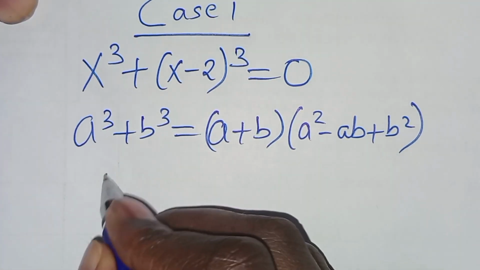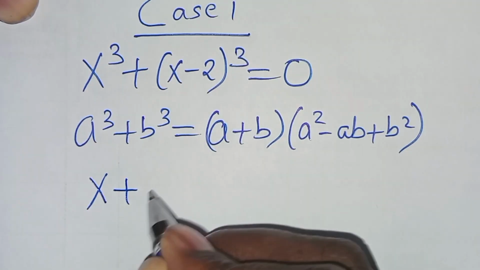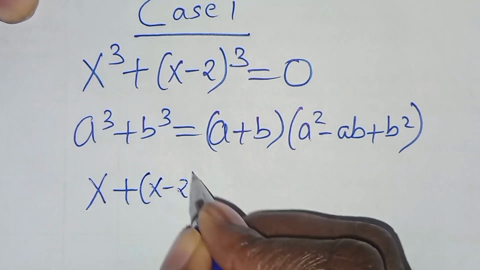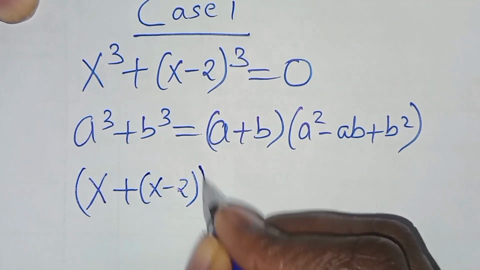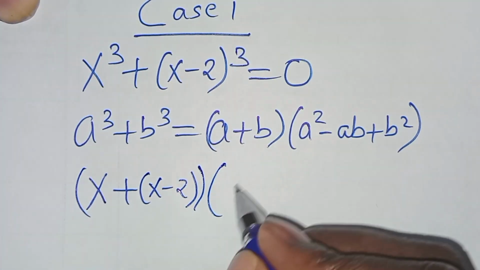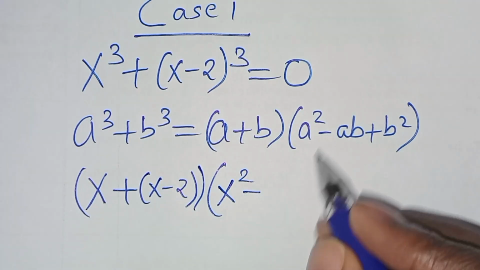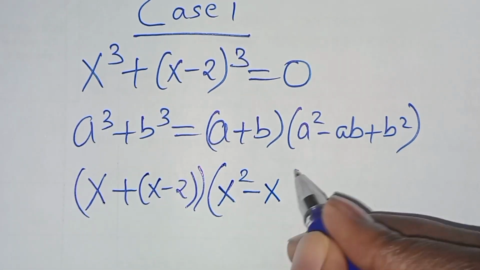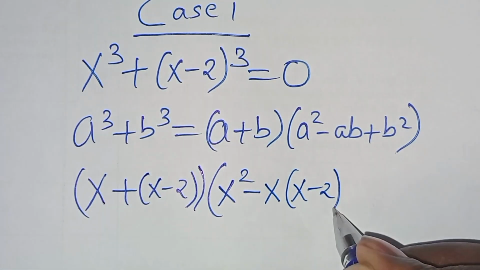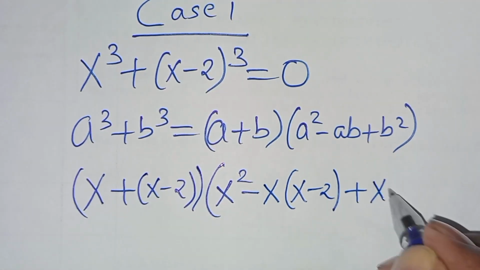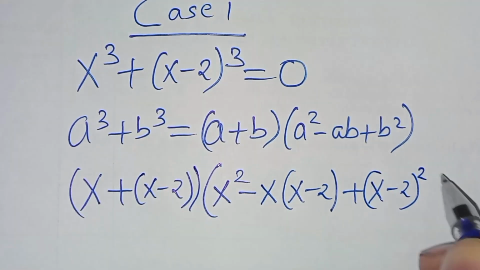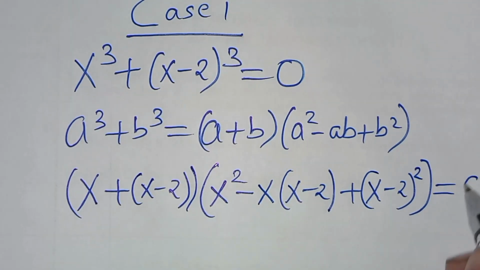So we can express this as (x plus (x minus 2)) times (x squared minus x times (x minus 2) plus (x minus 2) squared), equal to 0.